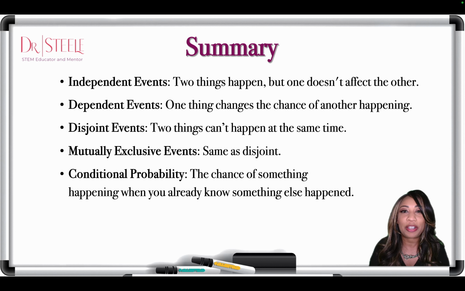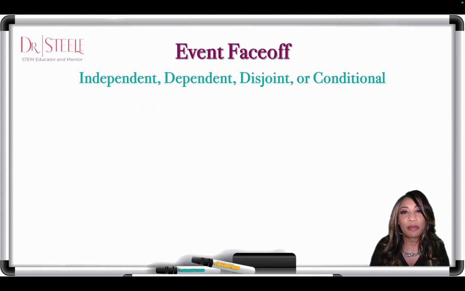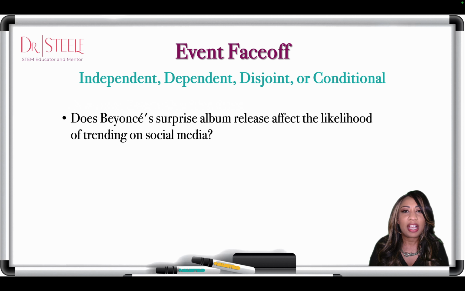Now let's see how good you remember what you just learned. All right, I want you to tell me if this event is independent, dependent, disjoint, or conditional. Does Beyonce's surprise album release affect the likelihood of trending on social media?